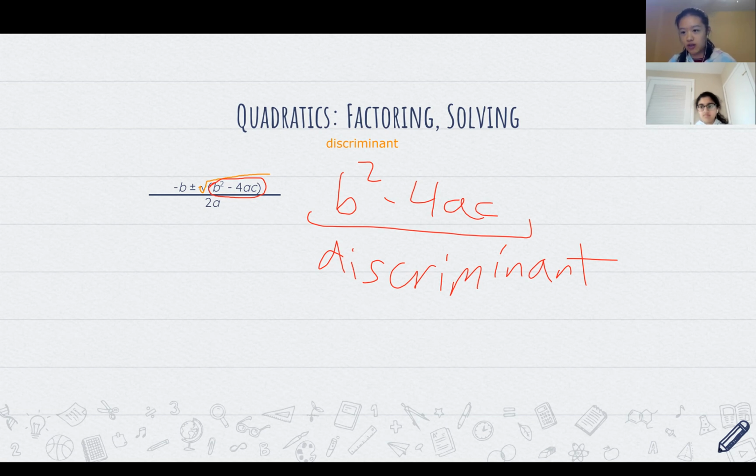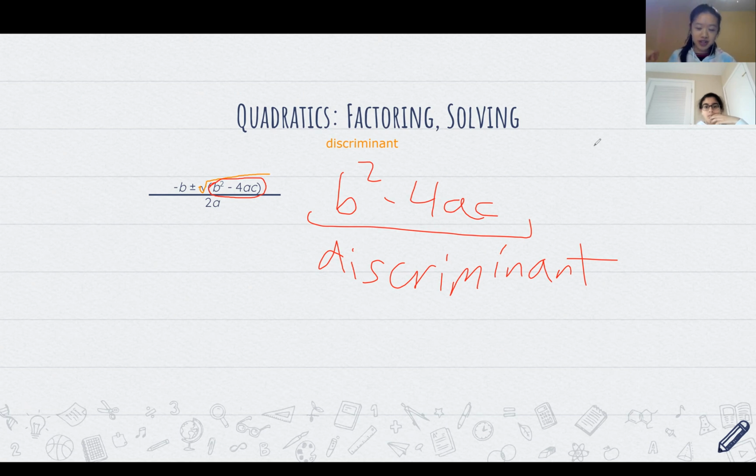It can tell us if the solutions are imaginary. It tells us if there are 2 solutions that are different from each other, or if there are 2 solutions that are the same as one another. In other words, it's just one number.